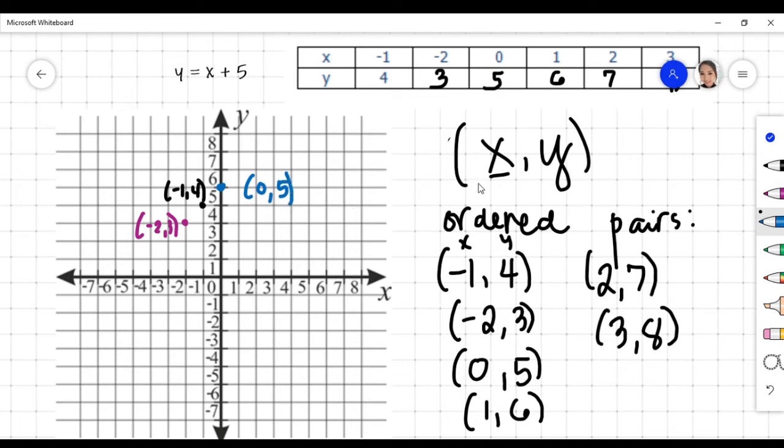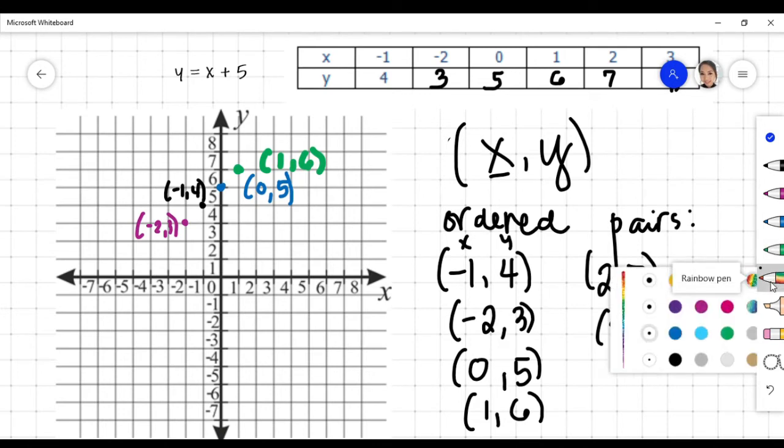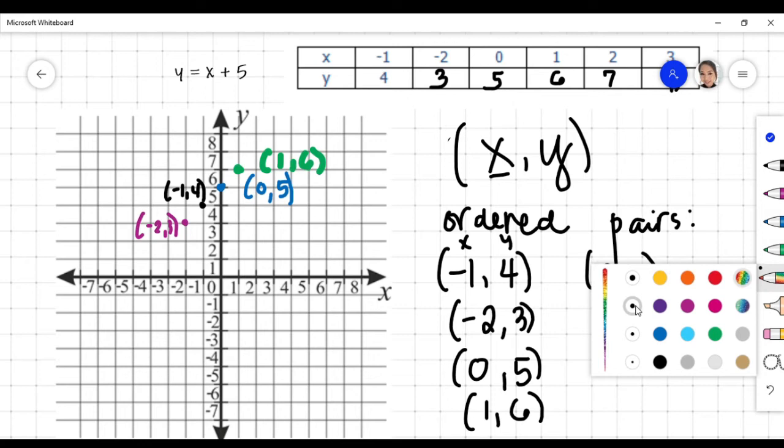And next we have 1 and 6. 1 and 6, yung x natin is 1. So here's the 1, then 1, 2, 3, 4, 5, 6. So nasa taas kasi positive yung 6. So this is 1 and 6. Next is we have 2 and 7. So here's our +2.